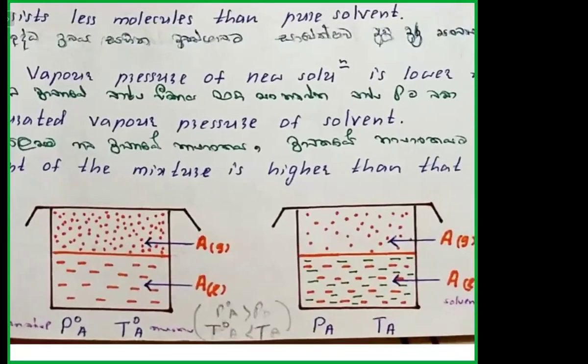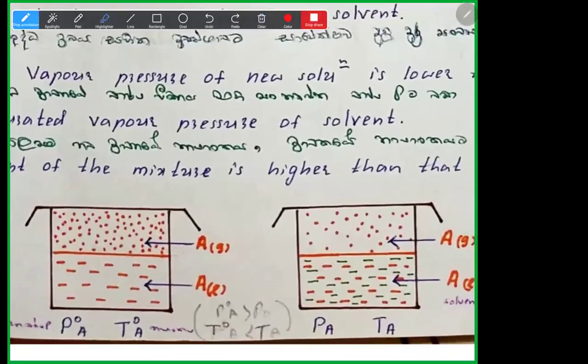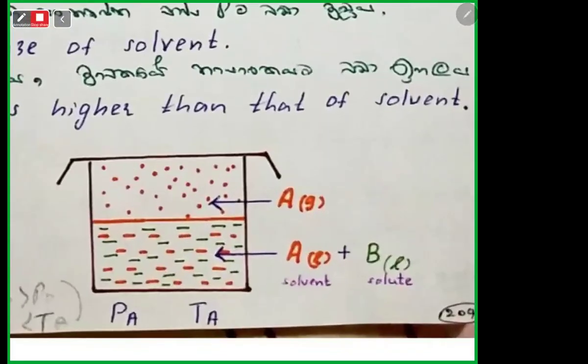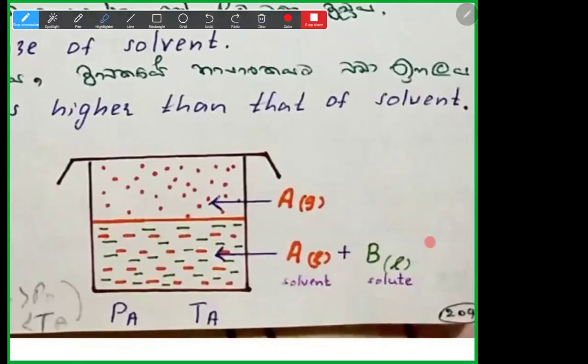When you dissolve, okay, A is volatile. In its own condition, only A is existing here. So it is evaporating to its maximum, the maximum vaporization, the saturated vapor pressure. At that time, it has its own boiling point. Then let's say we are mixing this A with B, but B is non-volatile.